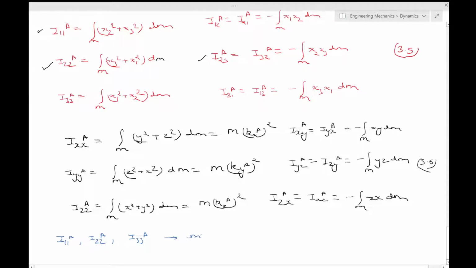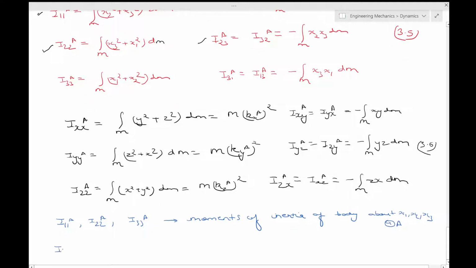These are called the moments of inertia of a rigid body, or actually any body, about x1, x2, x3 at A. I12, I23, I31, I21, I32, I13, they are called the products of inertia.